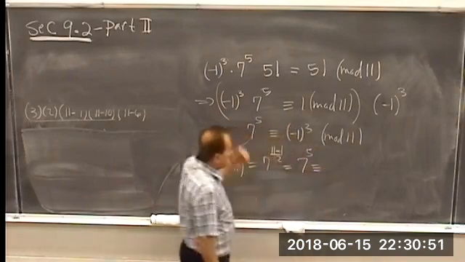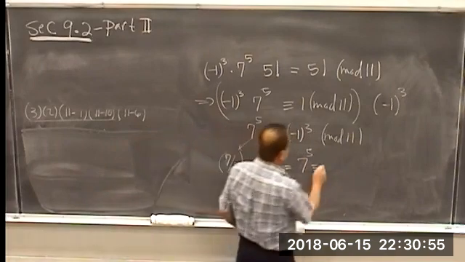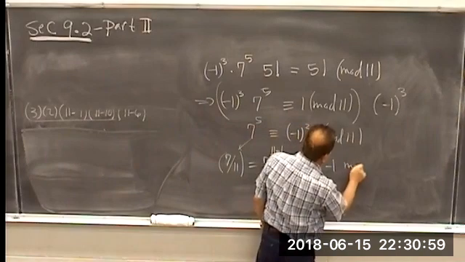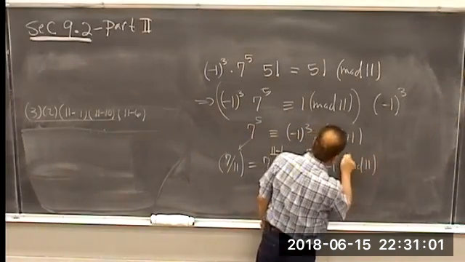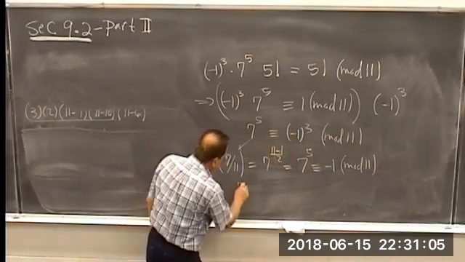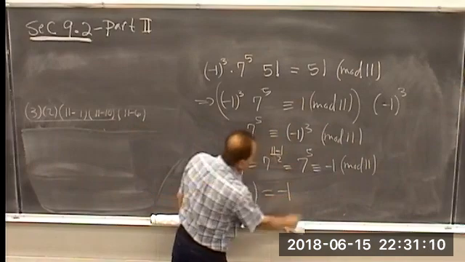And now we are saying that this is what we've shown, all right? This is congruent to negative 1 to the 3rd, which is negative 1 mod 11. And it makes the value of 7 over 11 equal to negative 1.